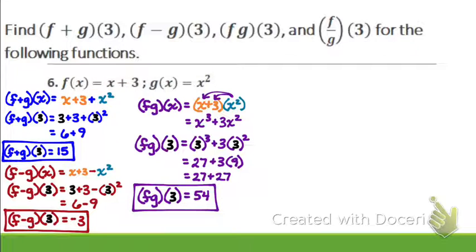And then we have our quotient, f over g of x. So I would have x plus 3 over x squared. Can't simplify that any further, so I'm going to substitute my 3's in the places of all the x's.